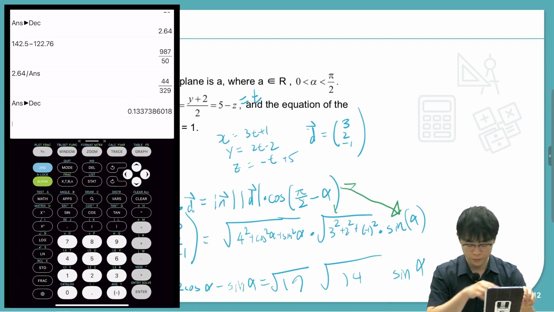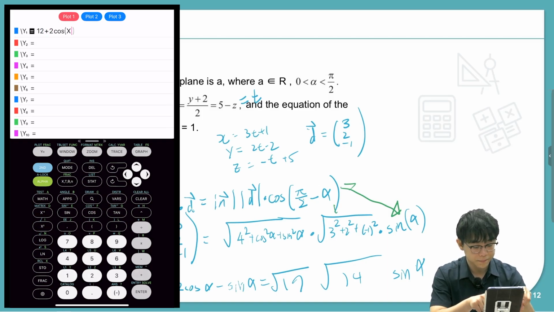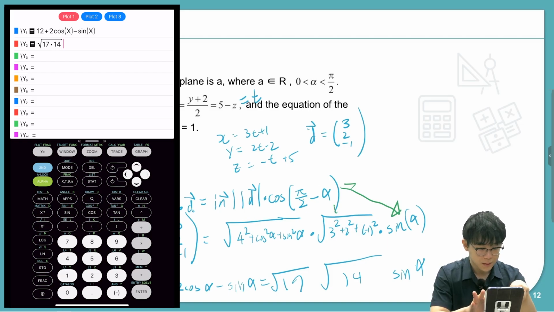You could just go enter this into your calculator right away to use your graph. So on the left side, you might have 12 plus 2 times cosine alpha, or cosine x, minus sine x. On the right, we would have the square root of 17 times 14, times sine of x.